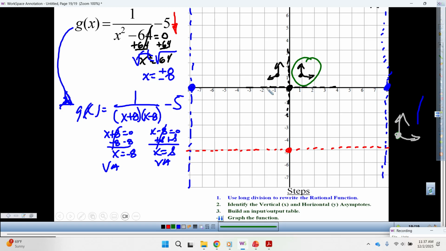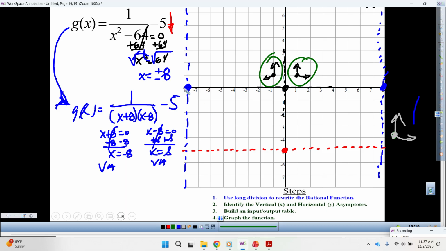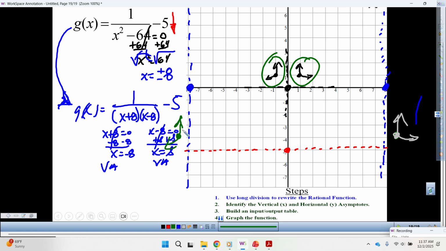Next, how do I graph this one? Well, I go over here to the other vertical, and I go one up, one to the left. There it is. And what do we do with this gap in between, everyone? There you go.